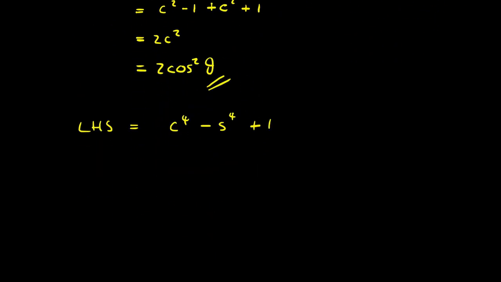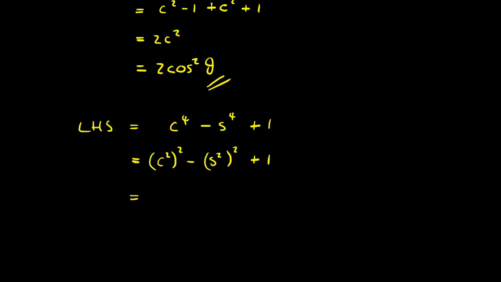Yeah. Well, what I can do is I can treat that sine to the power of 4 as sine squared squared. And I can treat the cos squared as cos squared squared. Rewrite that as that.